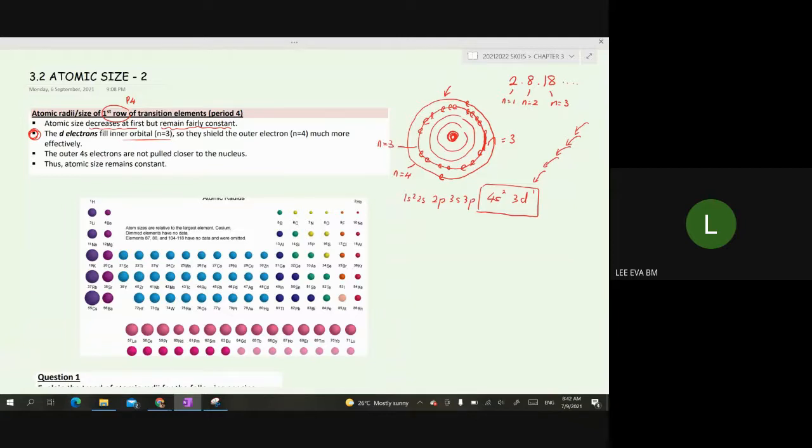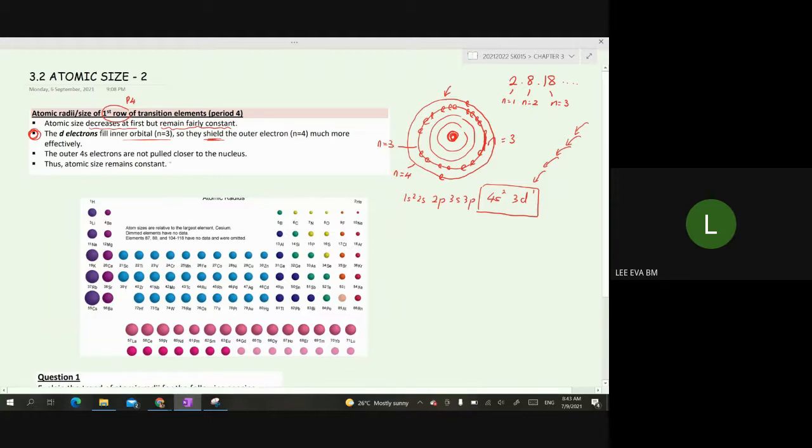So dia akan cancel off dia punya effect. Okay, so kita tengok balik sekali dia punya ayat ya. Okay, the d electrons fill the inner orbital n equals 3. So they shield the outer electrons much more effectively. And in that case, the outer 4s electrons are not pulled closer. Okay, and then the size will remain fairly constant for all the transition elements.